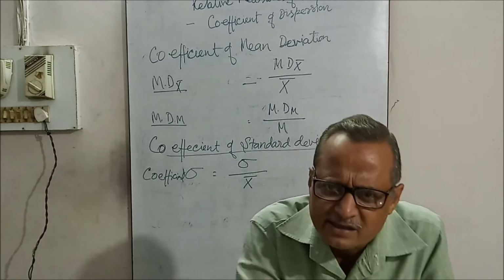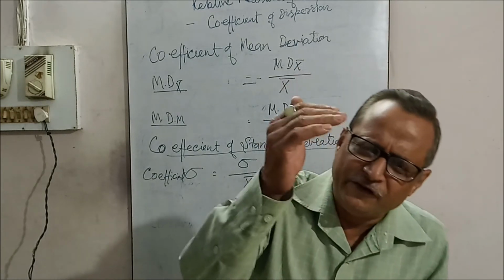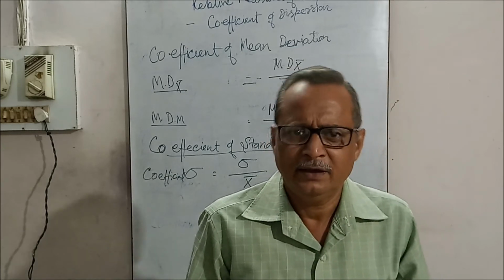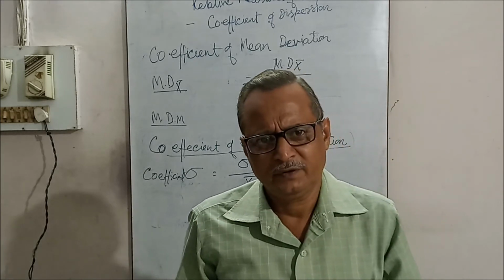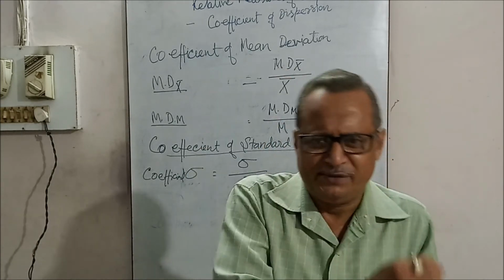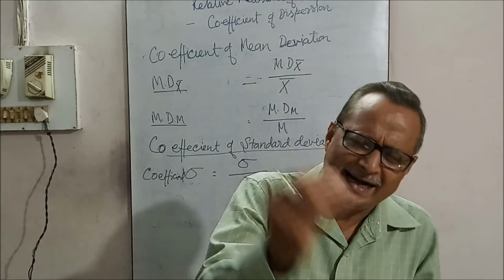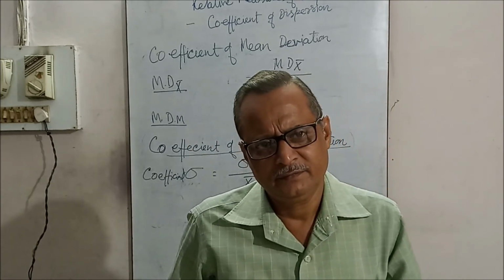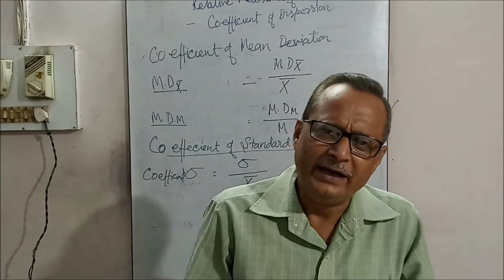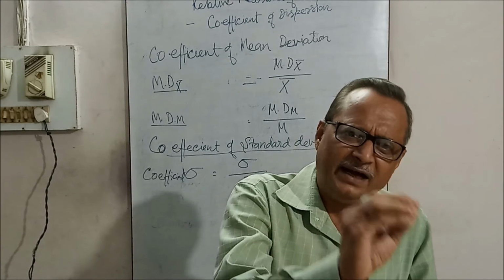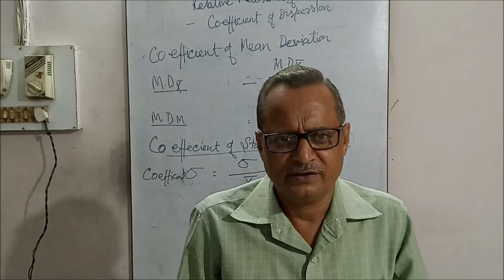What are inequalities? If every piece of statistical information or data is equally distributed and constant to one, then it is called equal distribution of income, equal distribution of wages.